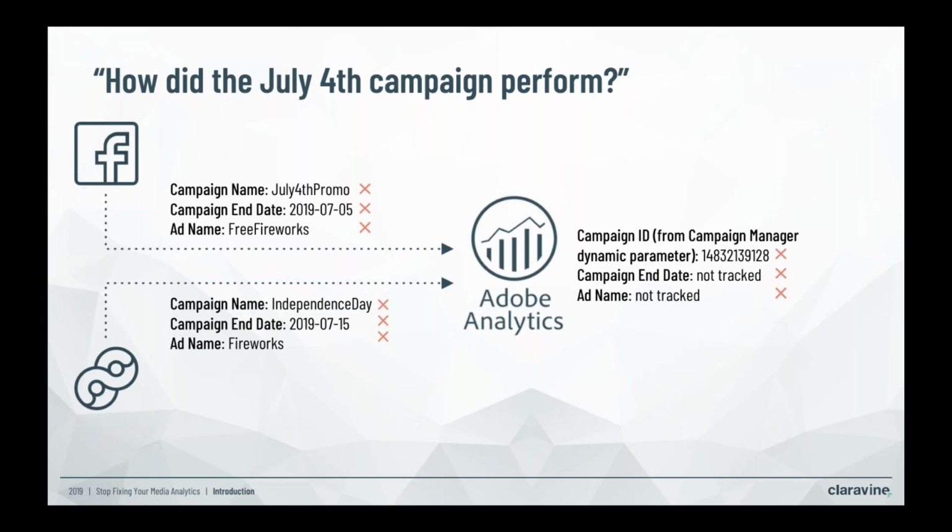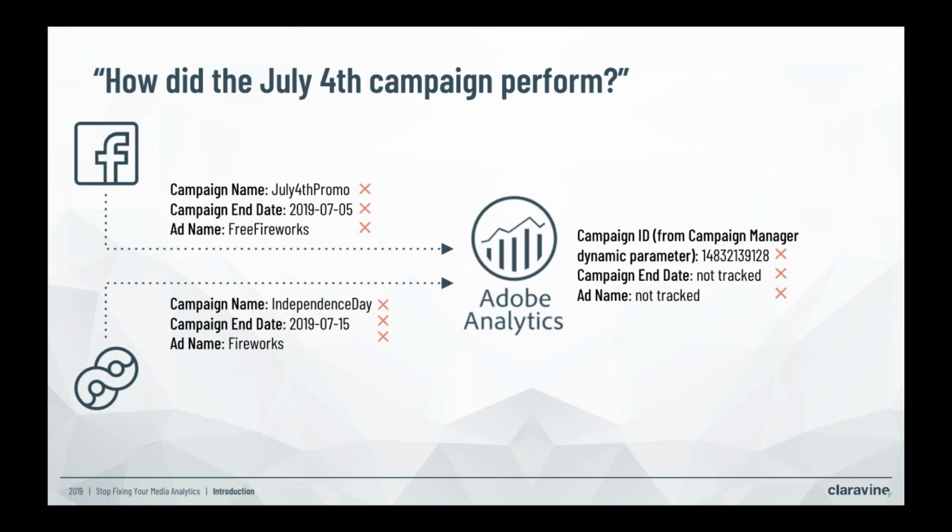In this example, for this July 4th campaign, in Facebook, we've called the campaign July 4th promo, whereas in Campaign Manager, we've called it Independence Day. And in Adobe Analytics, we might be dynamically pulling in a campaign ID that's a long string of numbers. And we don't necessarily have a way to relate all of these together.